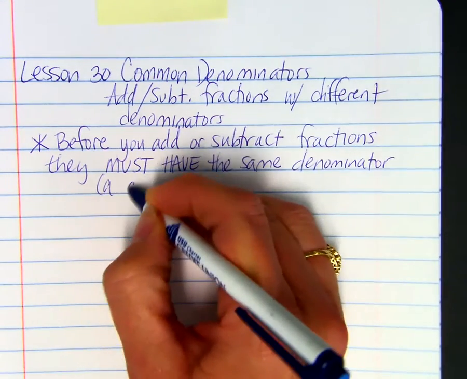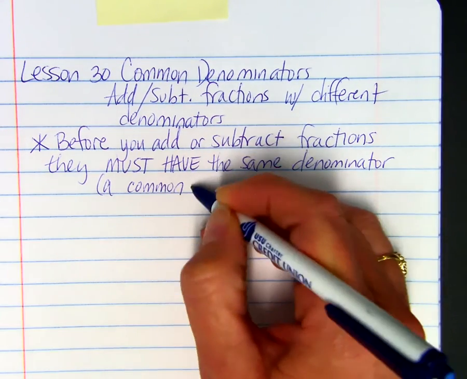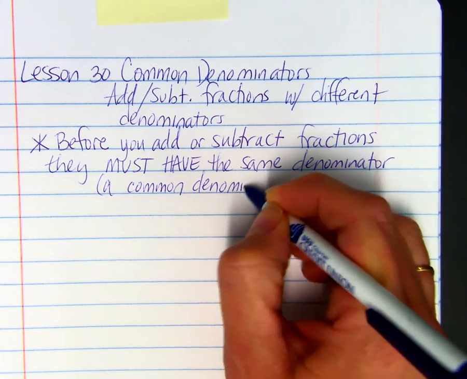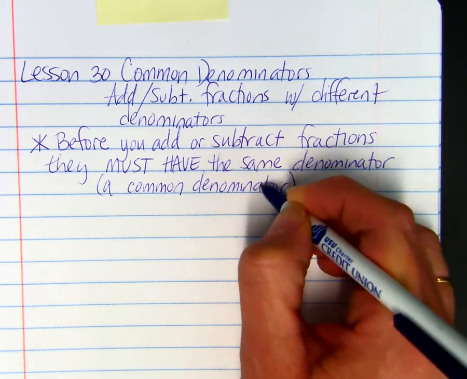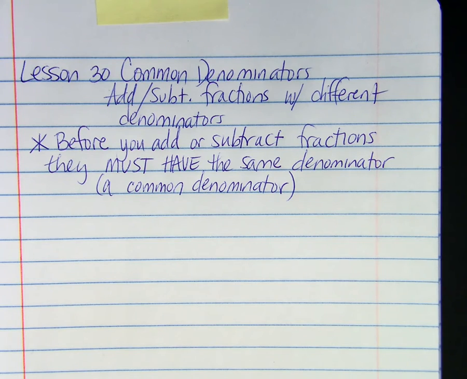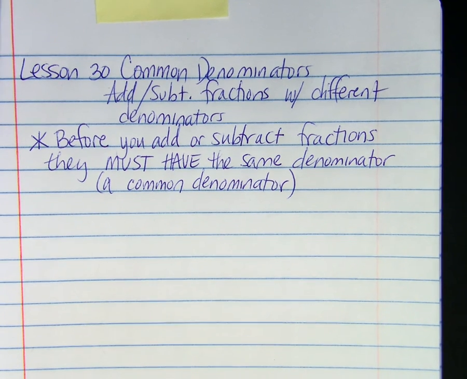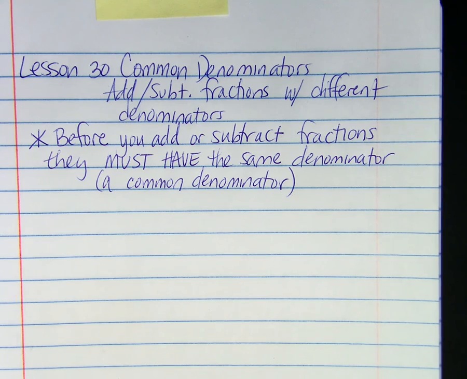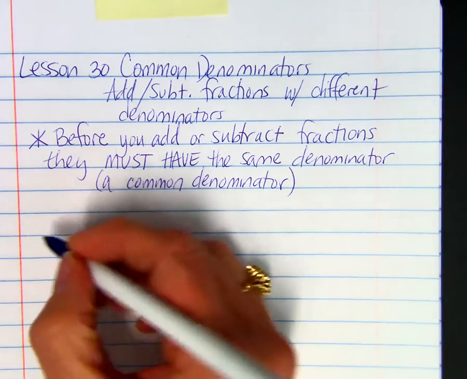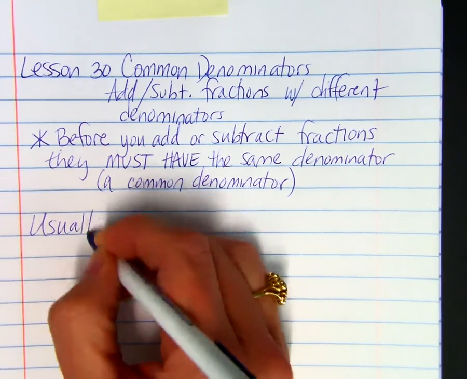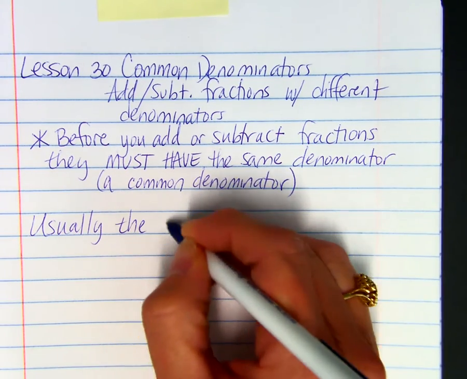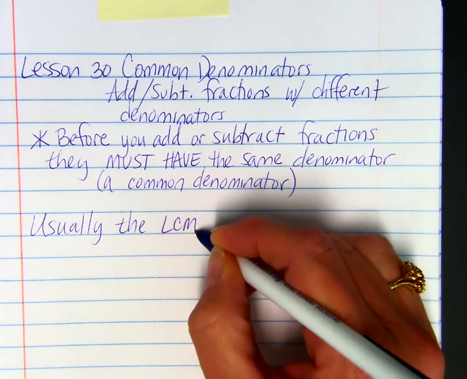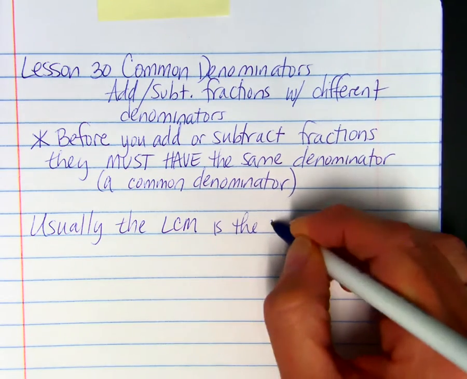And we call that a common denominator. Usually, the least common multiple is what we use for the common denominator. Usually, the LCM, or least common multiple, is the common denominator.